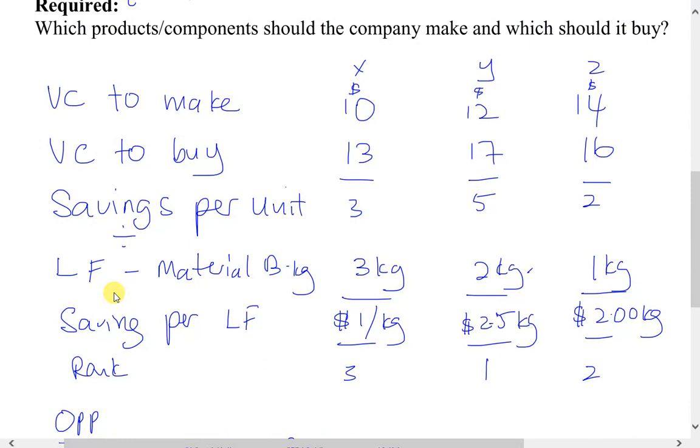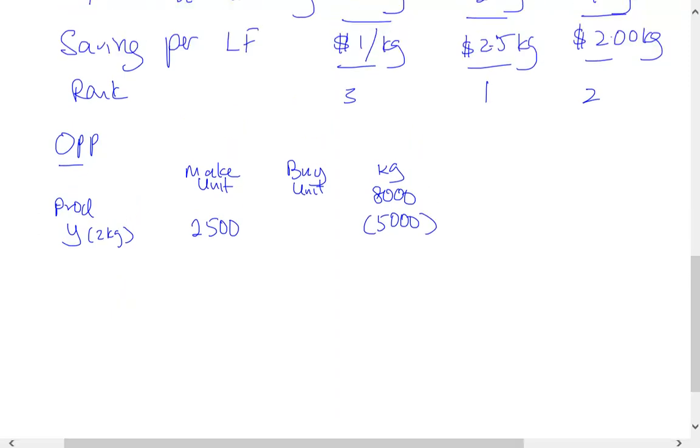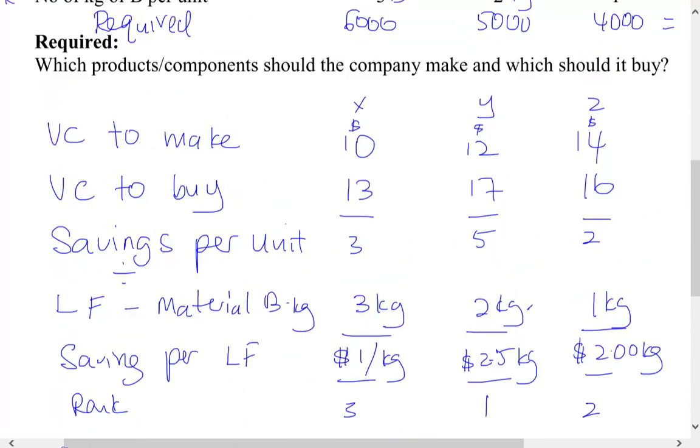I need 2 kg for every unit of Y, and I plan to produce 2005. So how many kg will be allocated to Y? Two thousand five, get from here.